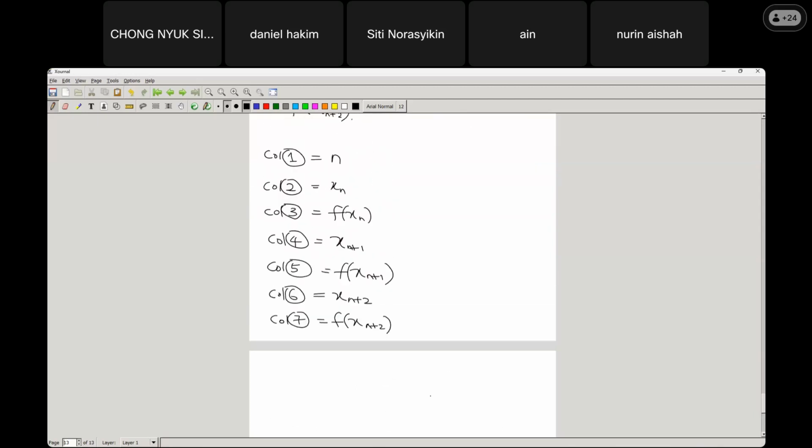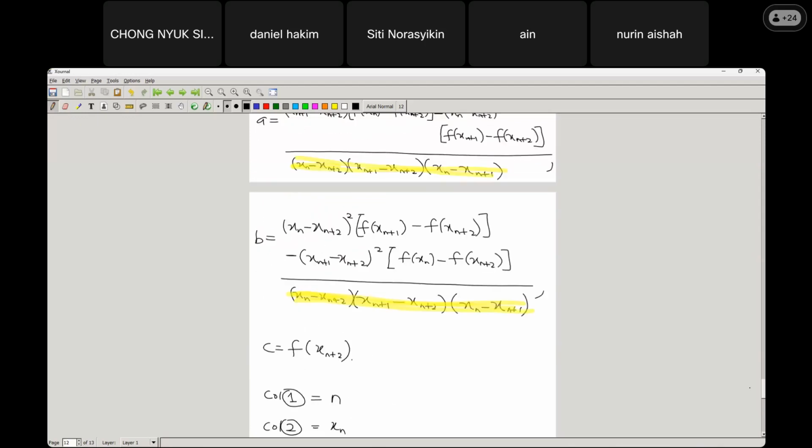Next, we have column 8. Now we know that column 7 is equal to f(xn plus 2), and this is also equal to the C value, because if you see from here, your C is this one.